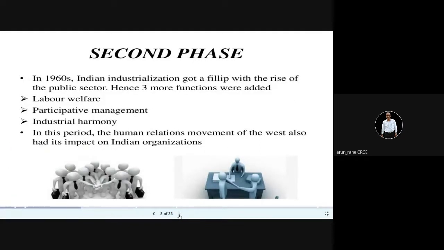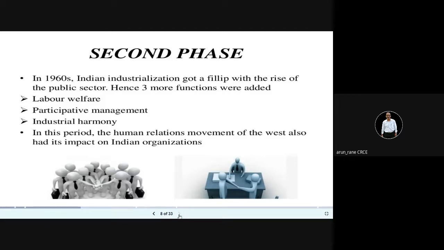Then Indian industrialization, industry 1, industry 2, industry 3, 4. As industrialization progressed, three more functions were added. That is labor welfare. The people realized that they should not only exploit the people, but they should also think of labor welfare.